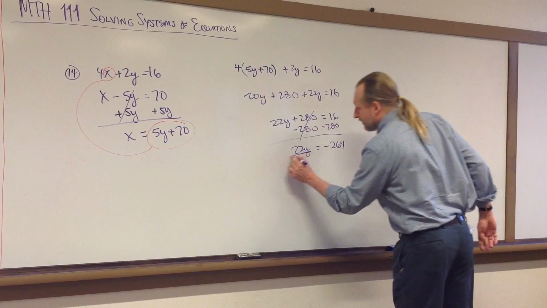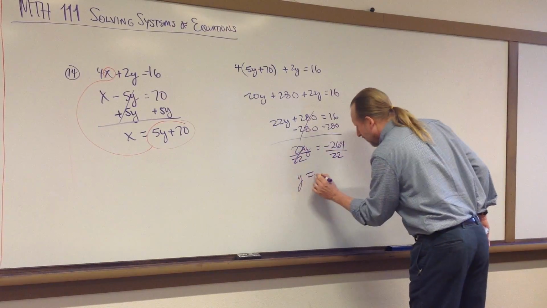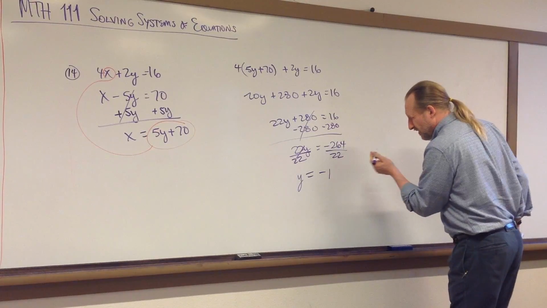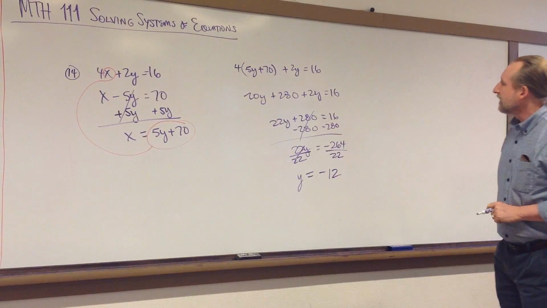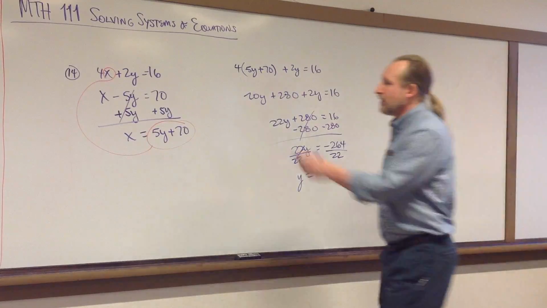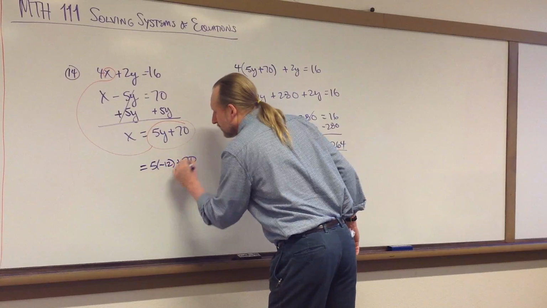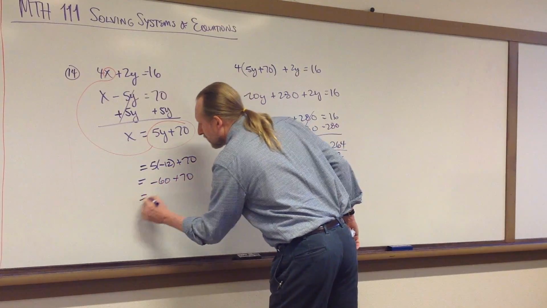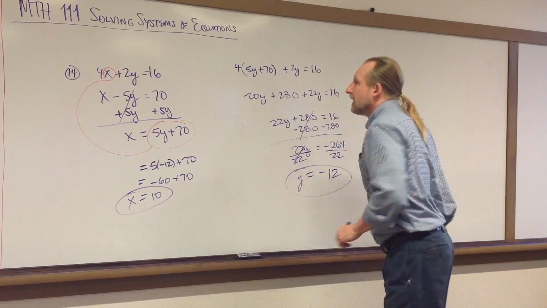And if we divide on both sides by 22, y here is going to be negative 12. Okay, so y is negative 12, and then x is going to be, oh no, positive 10. There we go. x is 10, y is negative 12.